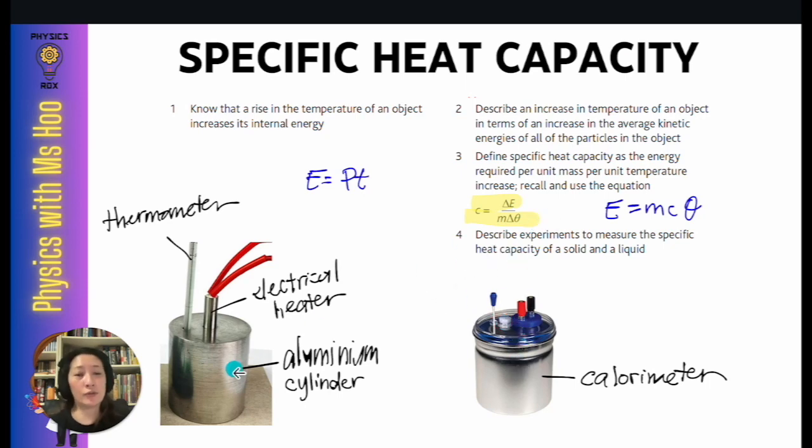So similar to the experiment for the aluminium, we would calculate the energy provided by the heater using the formula E equals PT. The mass, of course, is the mass of the water, and theta would be measured from the thermometer that we place in the water, and we get a change in temperature between the initial and final temperature. So that's the experiments for the specific heat capacity of a solid and liquid.